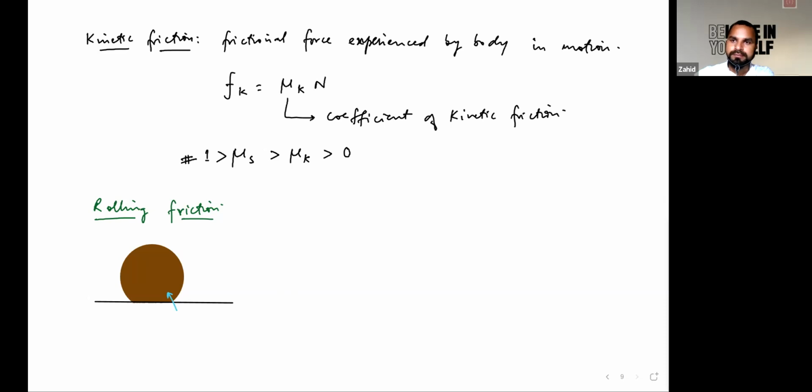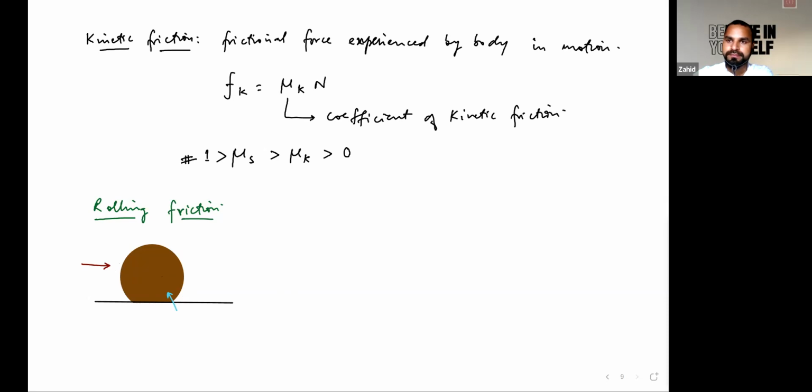Let's say this wheel is going in this direction with some external force. At this instant, there is an opposite force which causes deformation of the surface at this point, and this is opposition to the external force.